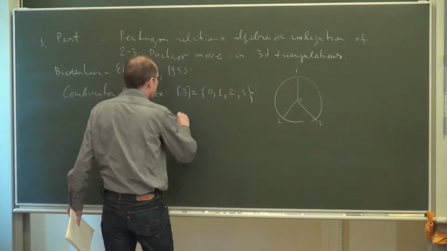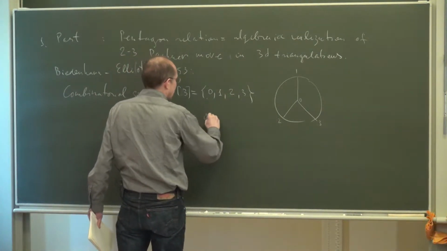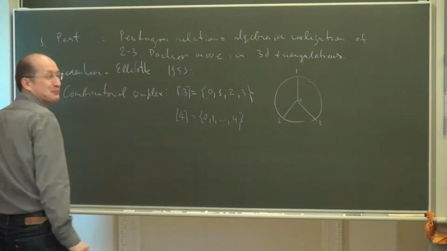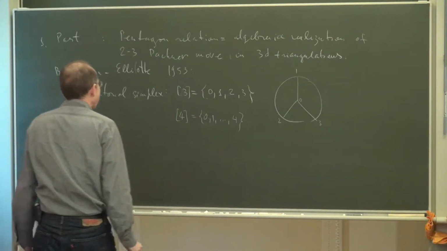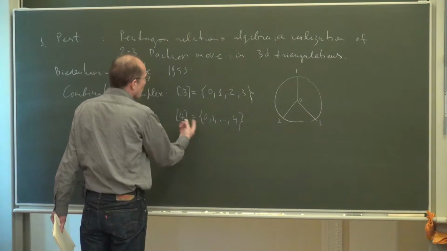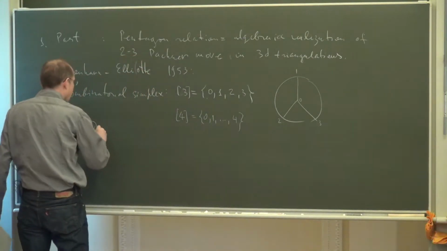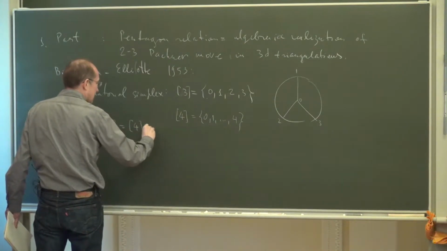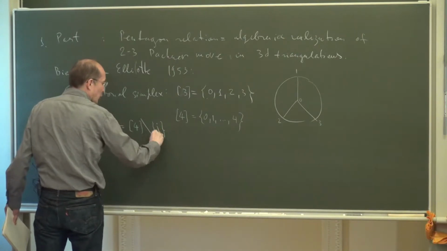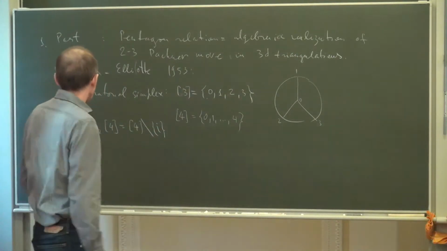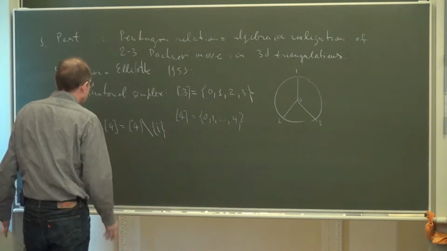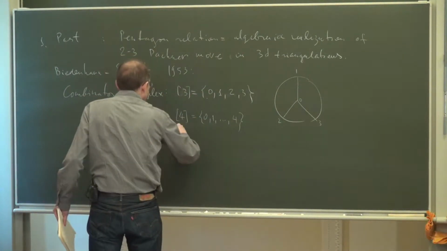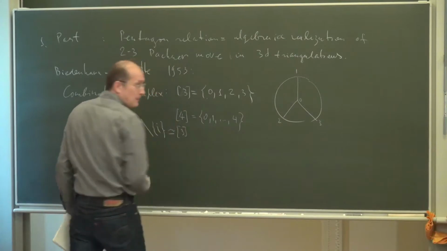And then we have to look at the 4-simplex. We have its 5 boundary components: we take out one point, and then we end up with an ordered 4-tuple of elements, which corresponds to a 3-simplex.